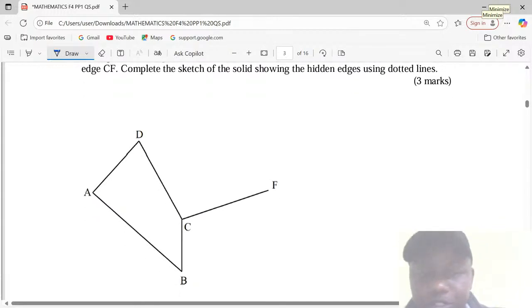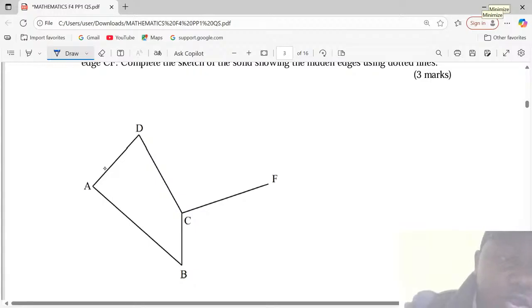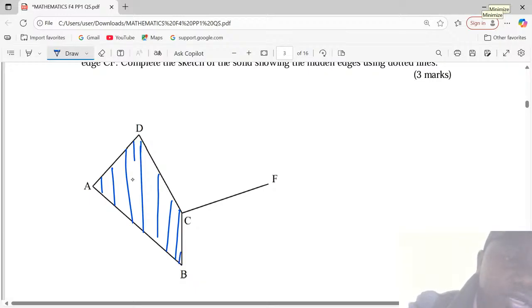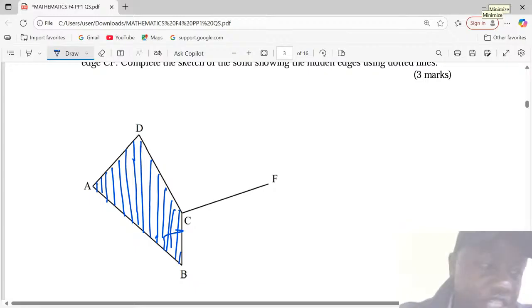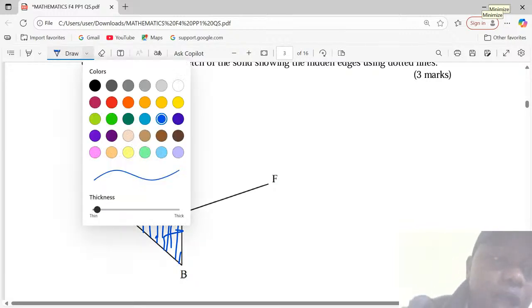So there is a certain solid whose cross-section is the one displayed here. That is the cross-section, which means this solid should move along with this cross-section. The cross-section is supposed to be seen throughout the diagram.